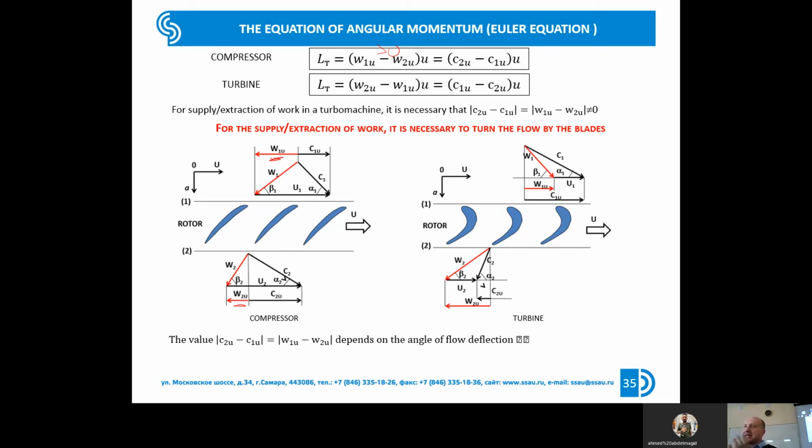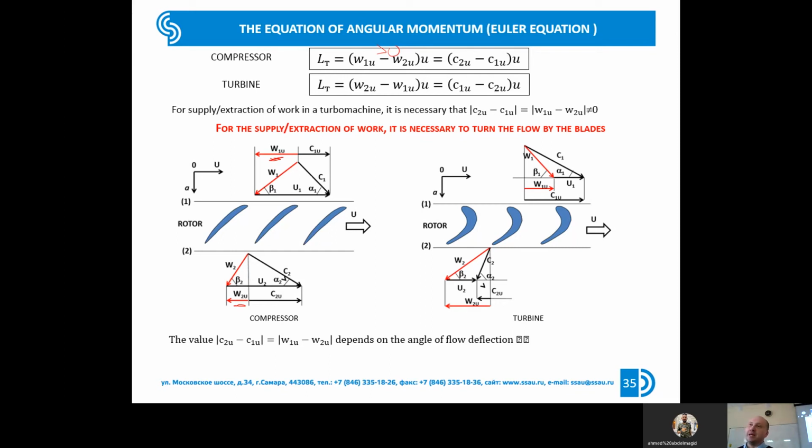And how do you explain to the flow that it needs to turn? You couldn't say, hey, flow, turn 30 degrees. It doesn't work. That's why you create special elements which turn the flow, and that's why we will speak a lot about the blades.